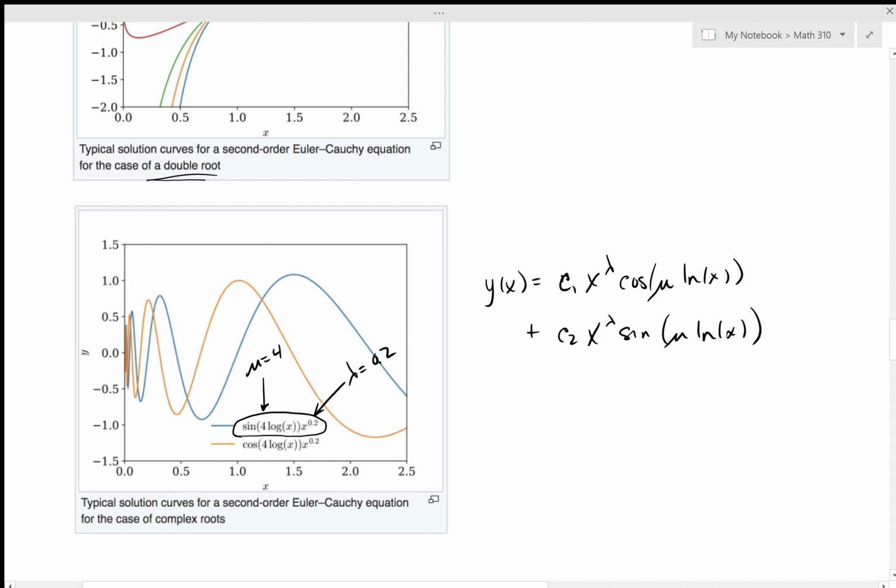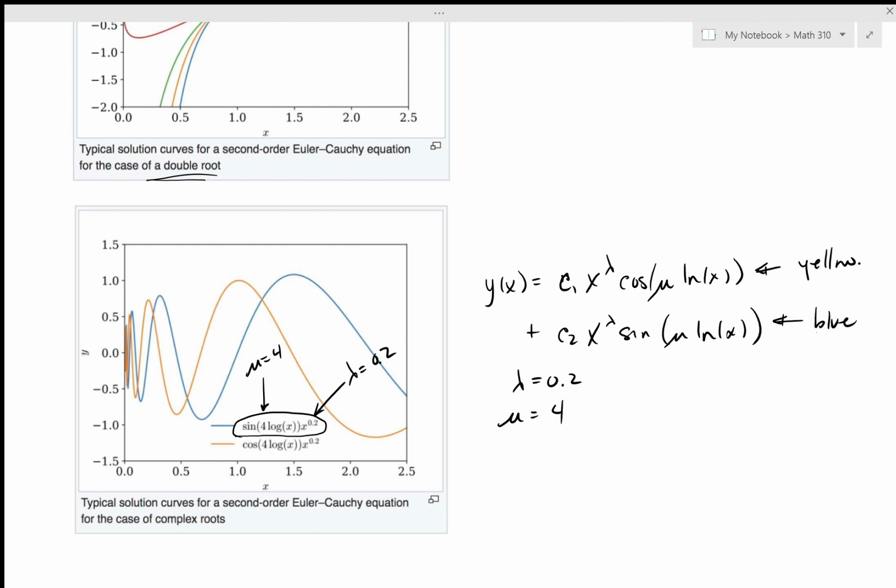There are two lines on this graph, the yellow and the blue, and they are both for the case where lambda is equal to 0.2 and mu is equal to 4. The blue one is the sine, and this one here is the yellow. Clearly lambda and mu could be different numbers, and the curves would be different, but this is what the shape of them looks like.